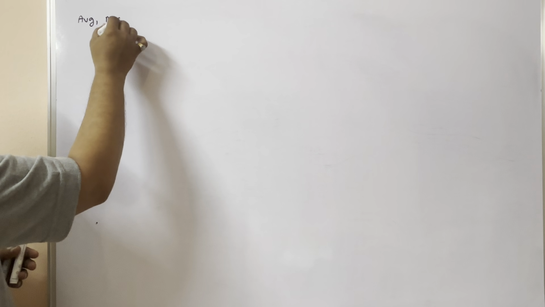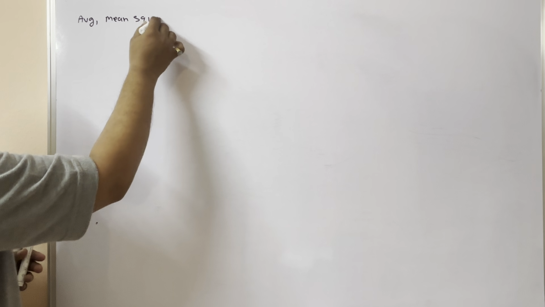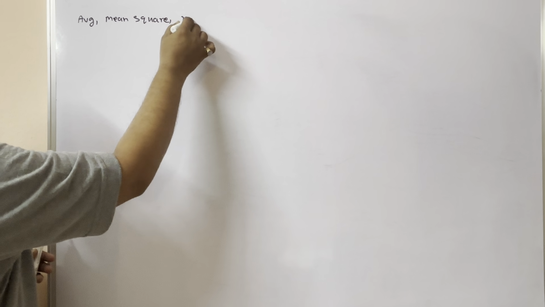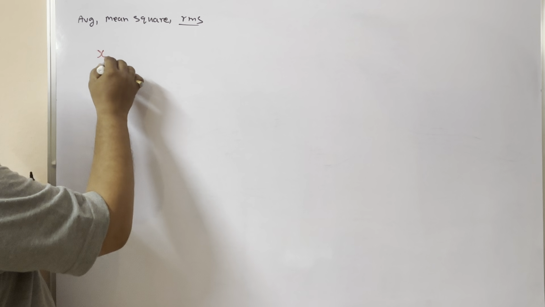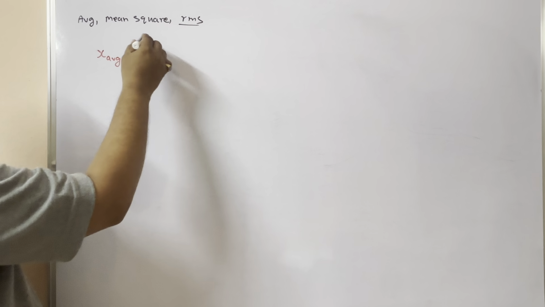In this class, we will discuss the average, mean square, and root mean square of alternating current. First, we should know the average value of a function in mathematics.